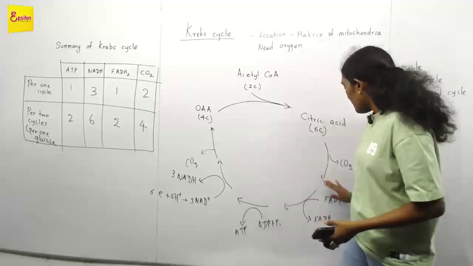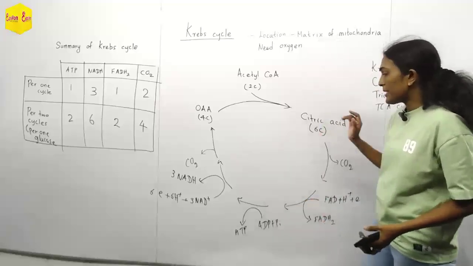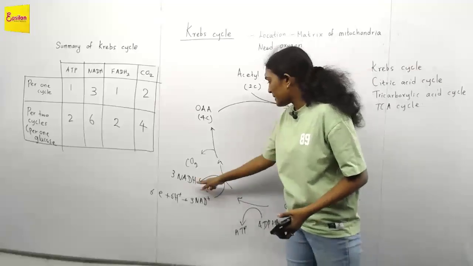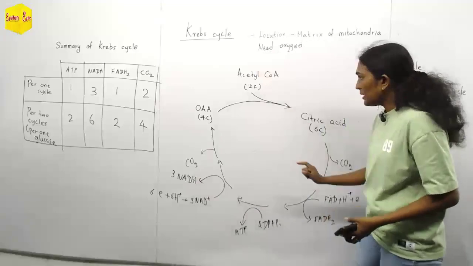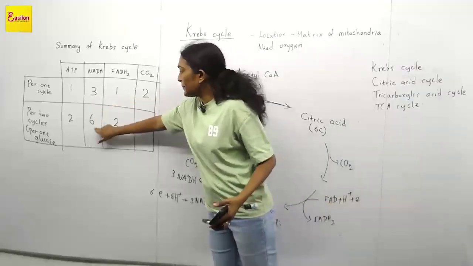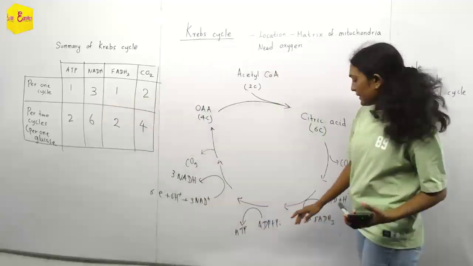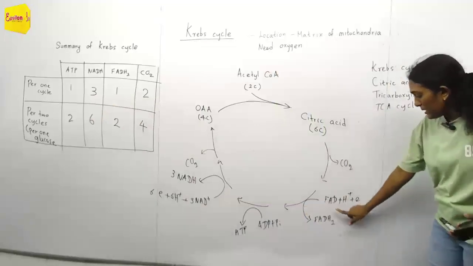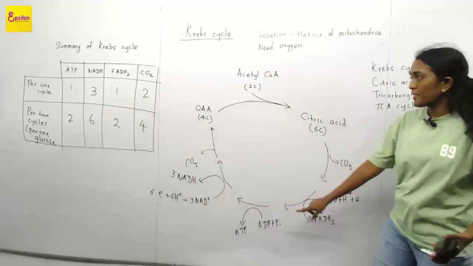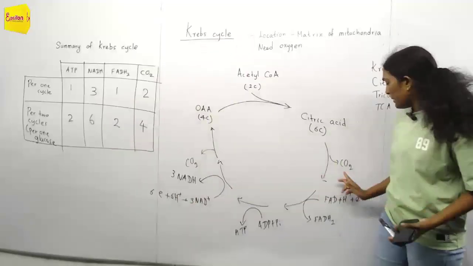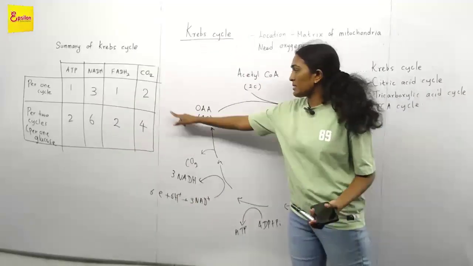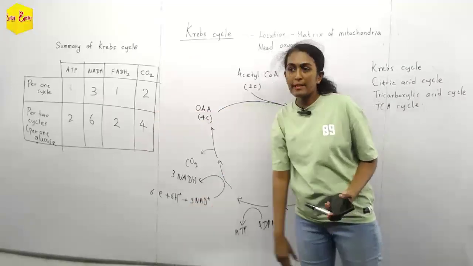So here also from the H pluses and electrons released from the substrate, 3 NADH is produced per 1 cycle. So 3 is per 1 cycle, per 2 cycles 6. And then FADH2, only 1 molecule is produced per 1 cycle, per 2 cycles it's 2. And carbon dioxide, 2 is released per 1 cycle, 2 cycles is 4.